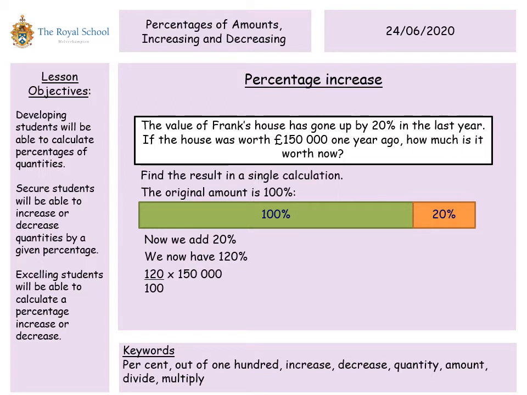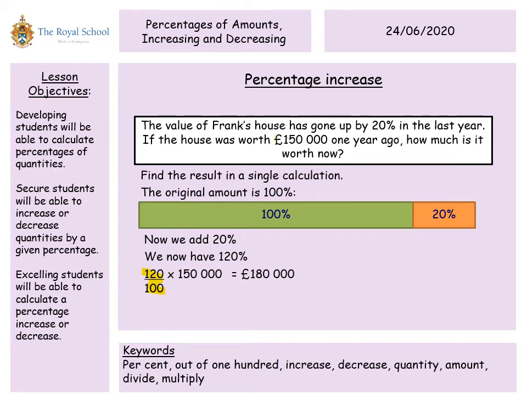Now, if you're using the multiplier method for this, as we've mentioned in all of our previous slides, then as a single calculation, it might be better to write that as 1.2 times 150,000. That would be our fraction that we've got here, just turned into a decimal. 120 over 100 is 1.2. So 1.2 times 150,000, and it gets us our final answer of £180,000 here. It's always worth just making a little check on this.